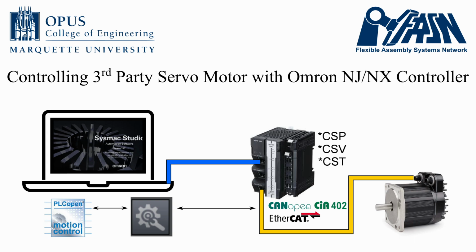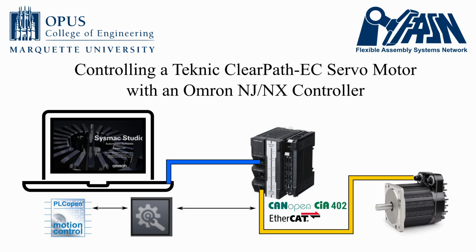This involves having a good knowledge and understanding of how the high-level programming instructions interface with the PDOs exchanged between the controller and the drive. The best way to obtain this knowledge is to go through the integration process with a compatible drive. In this video, I'm going to walk through the integration steps for a Teknic ClearPath-EC servo motor.